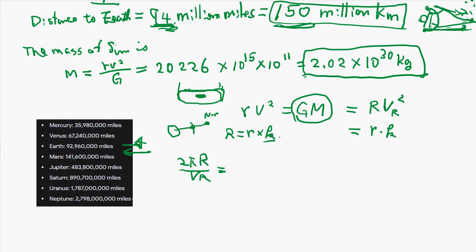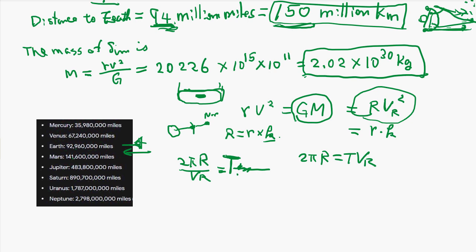That's what we want to know. T is 1 year, Mars 1 year. Okay, so if you plug this in, 2 pi R equals T VR, and you put that into this one, it's going to be this equation.